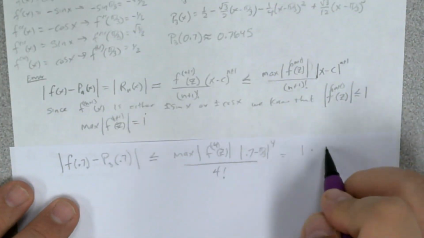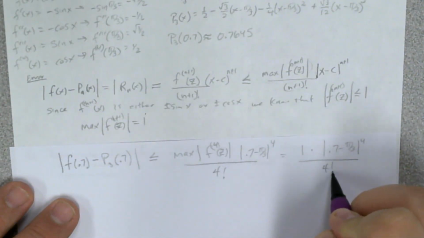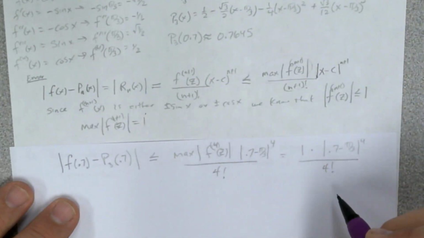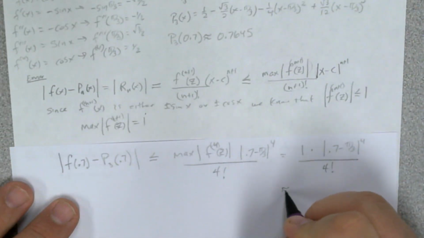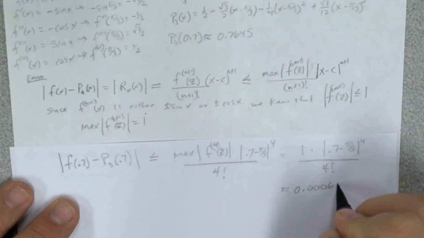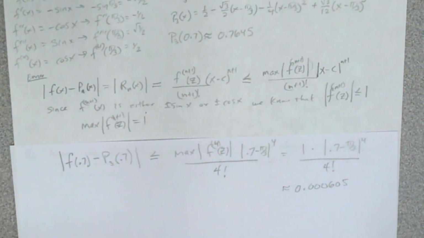And then you have all this again: 1 times 0.7 minus pi over 3 to the 4th power over 4 factorial. So that's where that number comes from. That's how that works. And so then you can approximate this out on your calculator, and you should get this right here. Okay, so that's the reasoning behind everything for the Lagrange error bound.